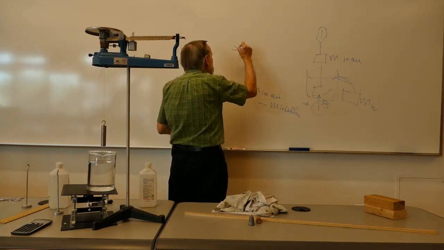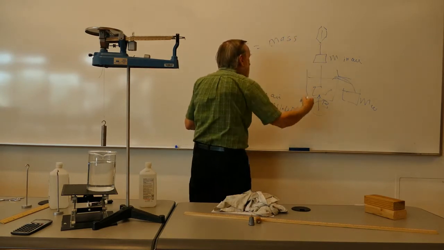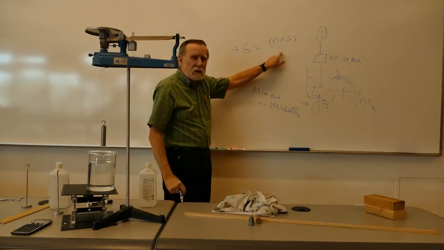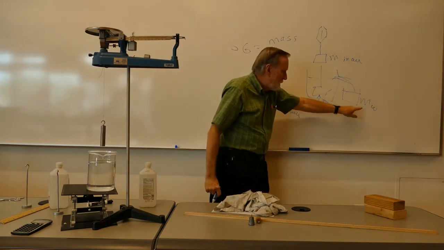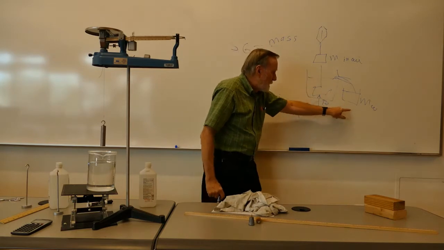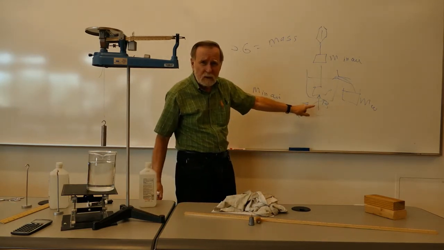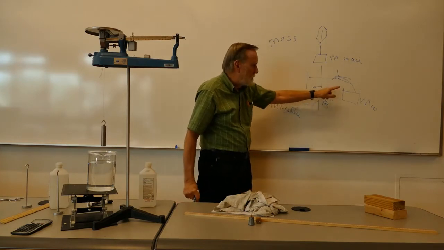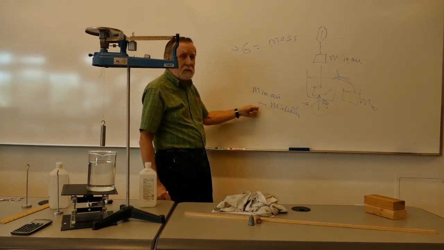Remember the specific gravity equals the mass of an object divided by the mass of water of equal volume. But the water displaced has equal volume, and the water displaced is the buoyancy force. That's Archimedes' principle. Well, the buoyancy force is just the mass in air minus the mass in water.